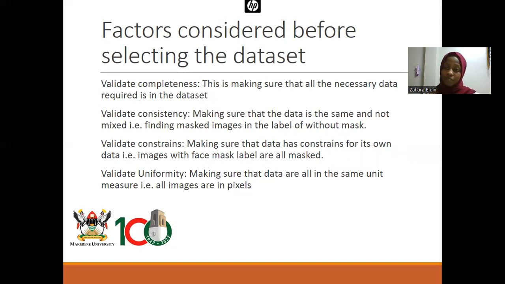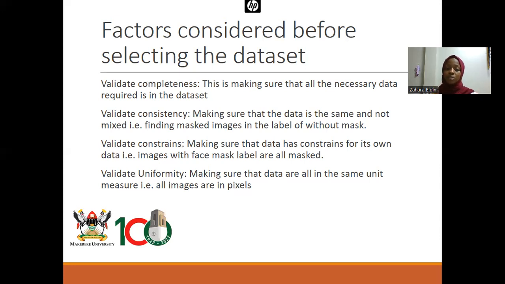Then validate constraints, making sure that the data has constraints of its own. If I've labeled a label with mask, it means every image in that label should be putting on a mask, and for those without, every image in that label should not have a mask.